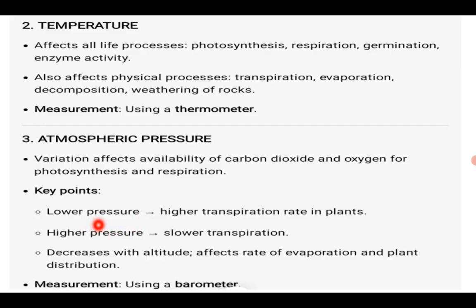When the atmospheric pressure is higher, it leads to slower transpiration. Decrease with altitude, or height above the sea, affects the rate of evaporation and plant distribution. Atmospheric pressure can be measured using a barometer, be it a mercury barometer or aneroid barometer.